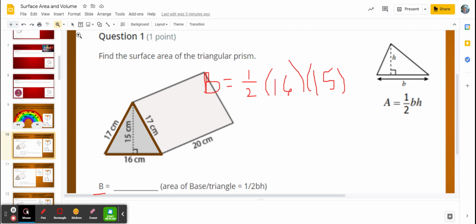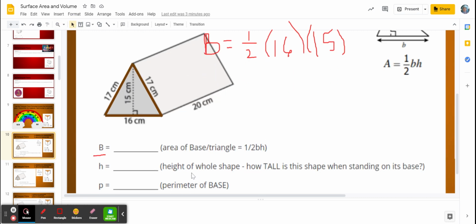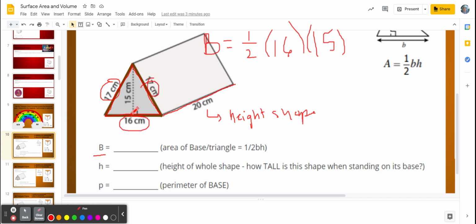And then the height of the whole shape is this height. The perimeter of the base is this distance all the way around the base triangle, so you would add 17 and 17 and 16.